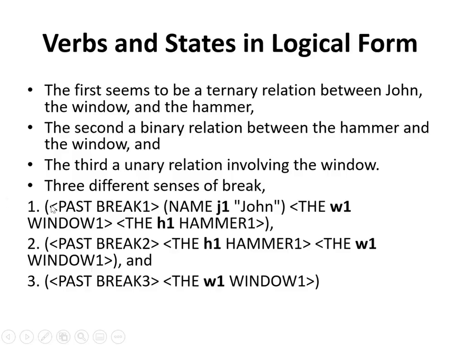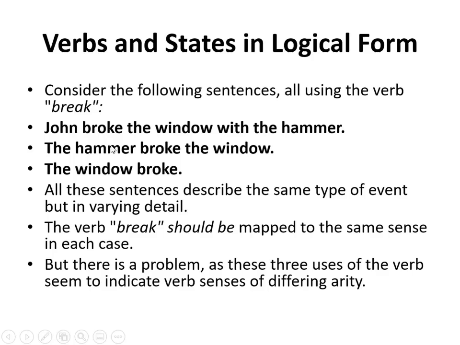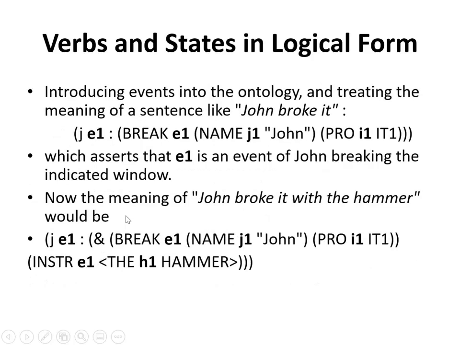Here John is not mentioned, and in the last sentence we have only the window, which is broken. So these are the three ways we represent the three sentences having the same sense or the same event. So you have the events in the ontology, treating the meaning of a sentence like John broke it.